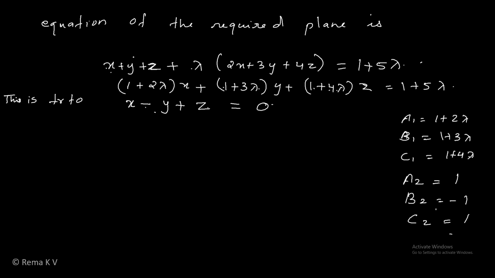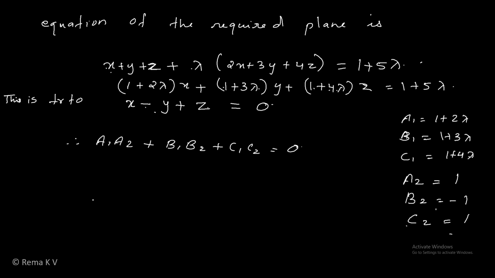For lines and planes, the condition is similar. A1, A2 plus B1, B2 plus C1, C2 is equal to 0. So we can apply it here.